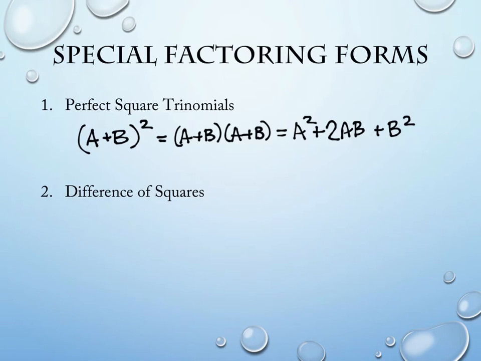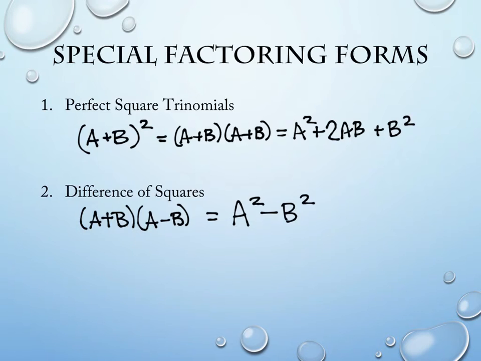The second one, though, is really important. The second one happens when we absolutely have the same multiplication factors, but the signs are different in the middle. And what happens is that we end up with polynomials that look like this. They're binomials. They're missing a middle term.